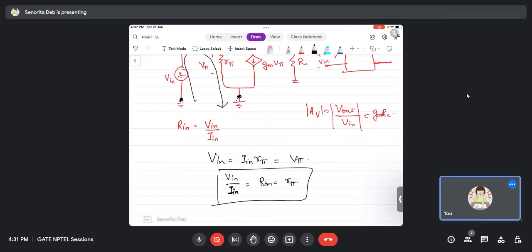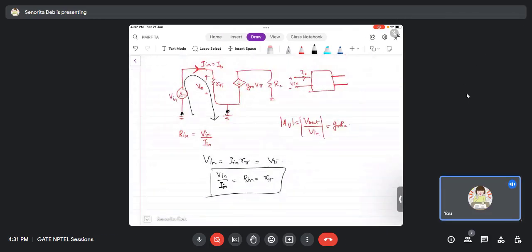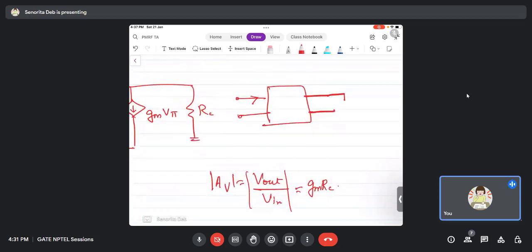Now we will see output resistance. How do you find output resistance for a two-port network? We apply a source here, VDC, and the current due to VDC is IDC. Any other independent sources should be set to 0. Here the independent source is Vin, that is 0.